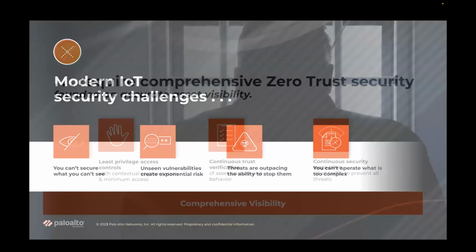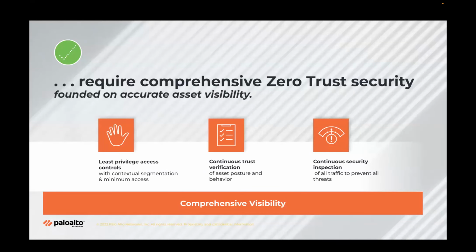So that's why we believe that addressing these IoT and OT specific challenges comes down to the overall zero trust approach that an organization should have in mind. And no secret, the core principles behind zero trust would be the ability, after you discover things, to granularly control and apply least privilege access principles.